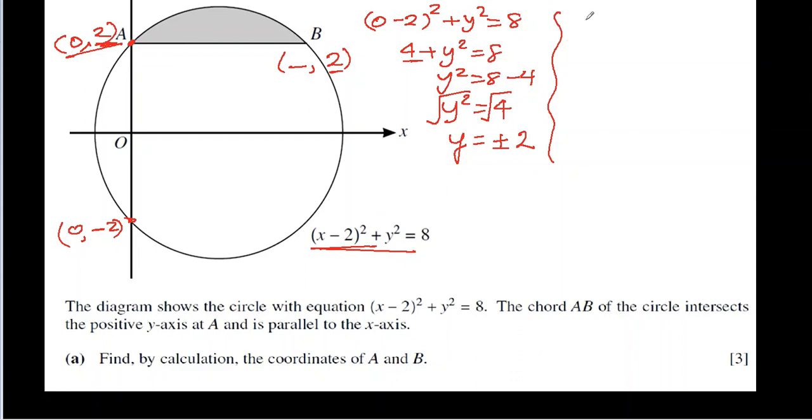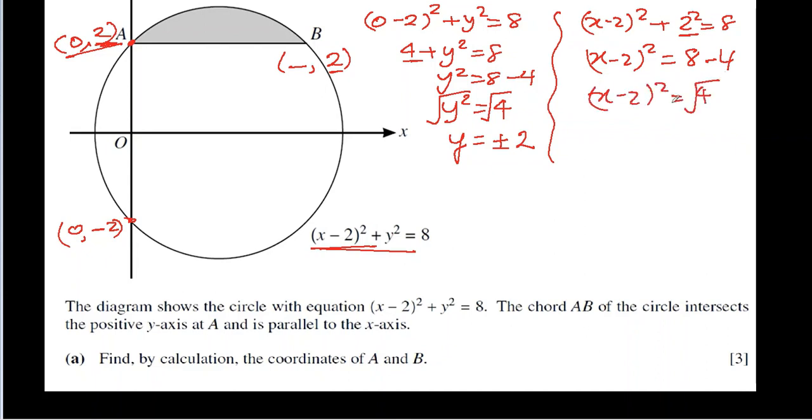So let's do it. (x - 2)² + y², with y being 2 for us now, equals 8. So (x - 2)² = 8 minus 4, since 2 squared is 4 goes to the other side. (x - 2)² is equal to 4. Square root again on both sides, and we write plus minus here. x - 2 is equal to +2, and x - 2 is also -2.